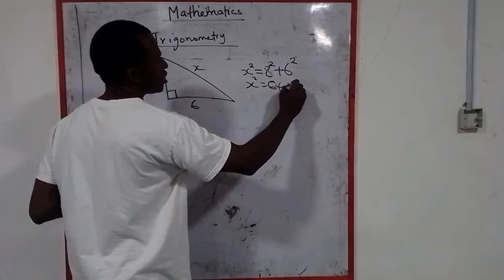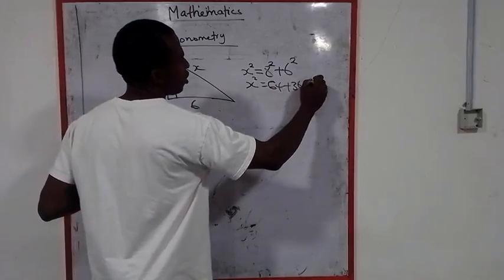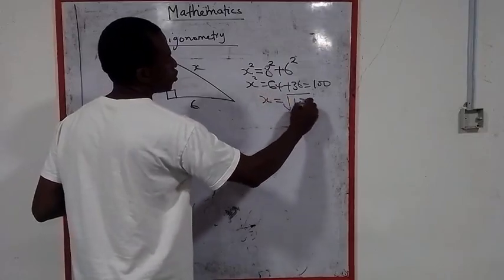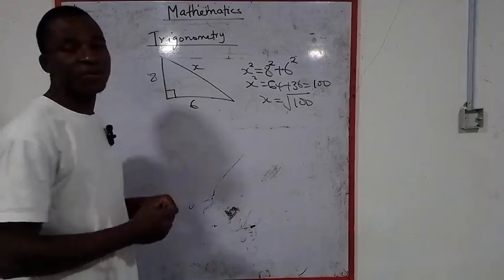Here is 64, here is 36, so we now have 100, where s is equal to the square root of 100. We have done this before.